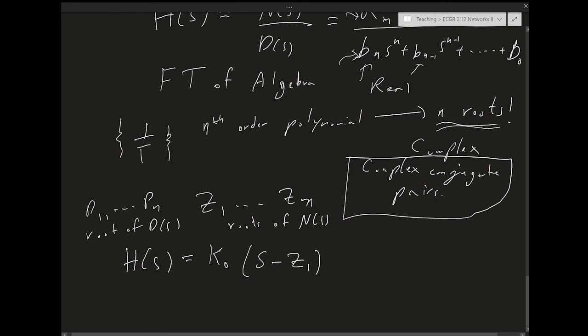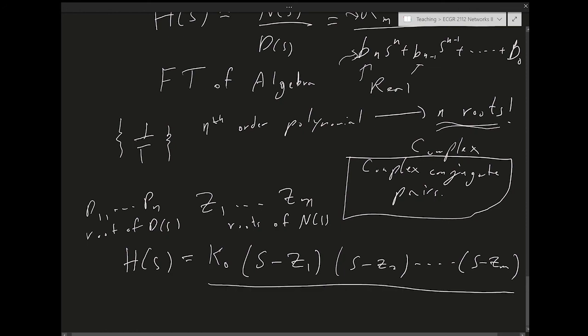Knowing the roots, we can always write any polynomial using its roots, as we know from basic math. So we can write the polynomial as (s minus z1)(s minus z2) all the way to (s minus zm).